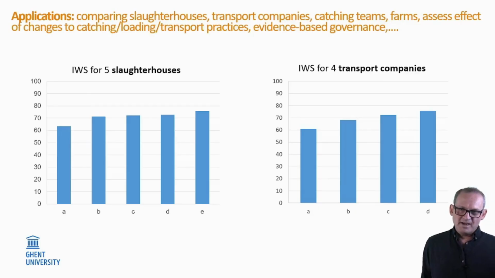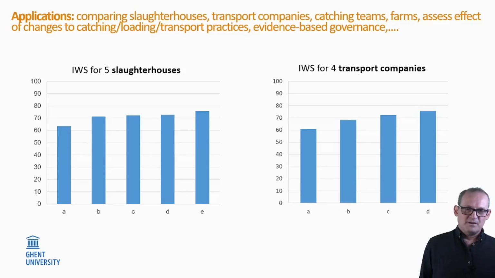So how can we apply this protocol, this monitoring tool? One possibility is to compare slaughterhouses, and here you see data for 5 different broiler chicken slaughterhouses, in which you can see that the score for one of the slaughterhouses tends to be worse than for the others. You can do the same for transport companies, where the score for one company was quite a bit lower than for the others, and you can do the same for catching teams.